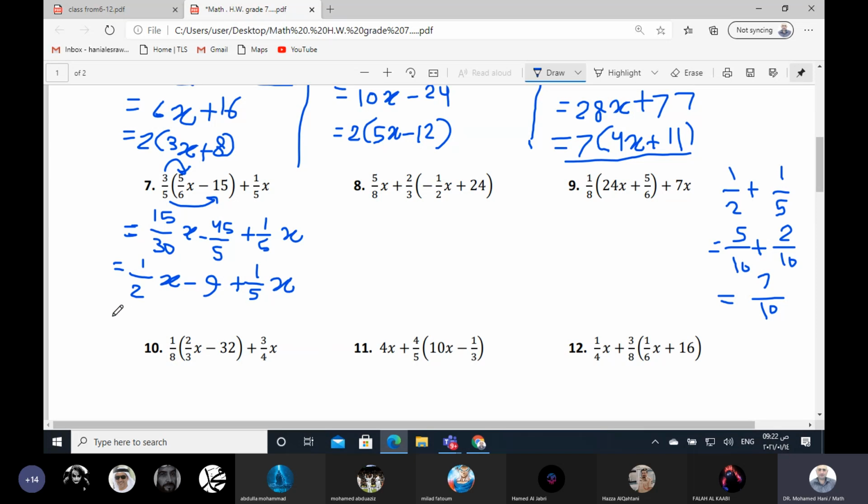So here we can write 7 over 10 x minus 9.